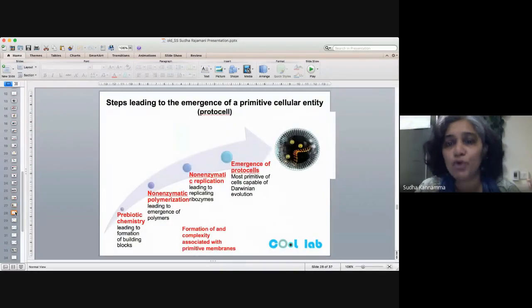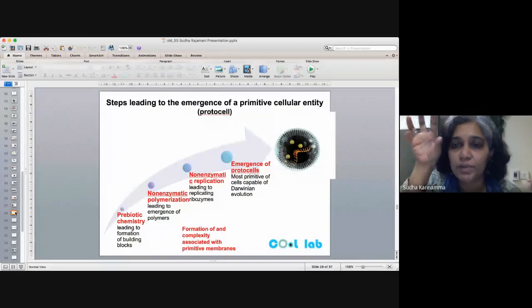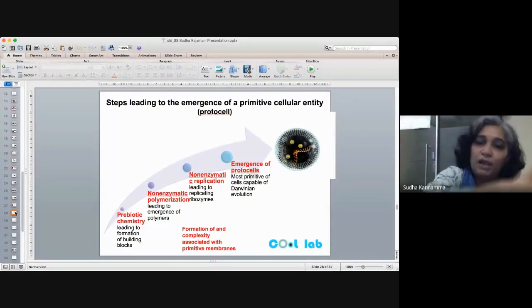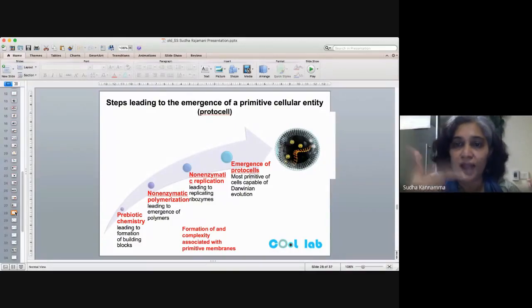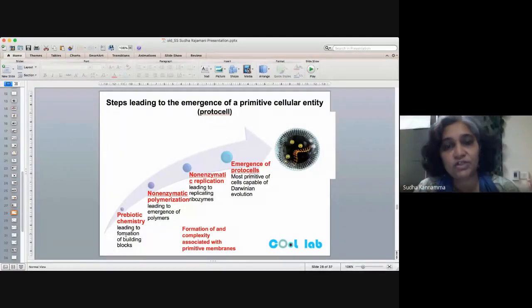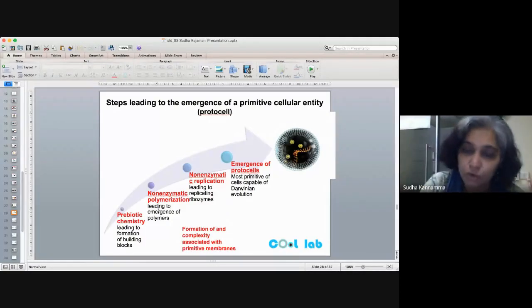And in our lab, what do we do? Just to give you a sense, we try and understand how these primitive cells or protocells came about and what are the events prior to their emergence that would have played an important role for them to come about in the first place. So we work in the realm of trying to understand how the fundamental building blocks formed to make these genetic molecules. We're very interested in understanding how they come together to form polymers in the first place that can encode information.